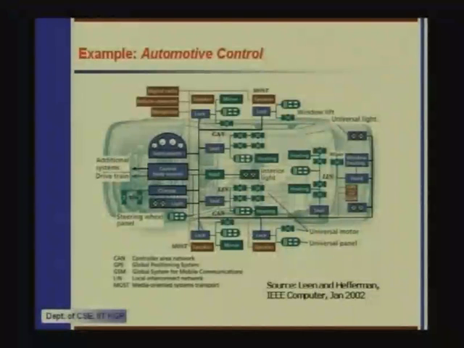So, there are sensors which will immediately stop the power window if they feel that there is an obstacle. These are very sophisticated features, and these are not all manufactured by the car company, they are manufactured by different vendors, and then they are shipped back to the car company and assembled by the car company.